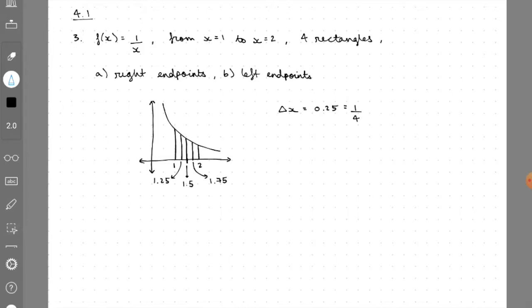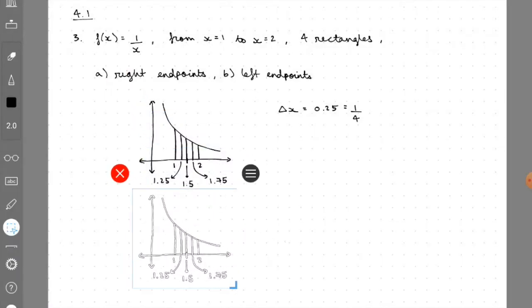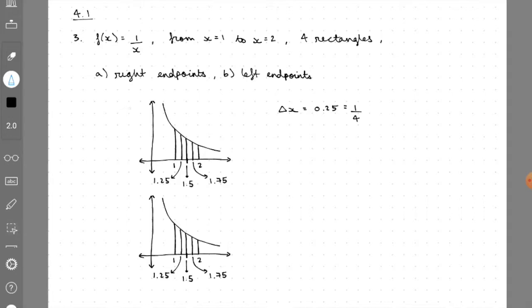And now they're asking us to do this using the right endpoints first. Actually, I'm going to duplicate the graph first so I don't have to draw it twice. Okay. So part A is saying use the right endpoints, and part B says to use the left endpoints. So we're going to draw it like so.